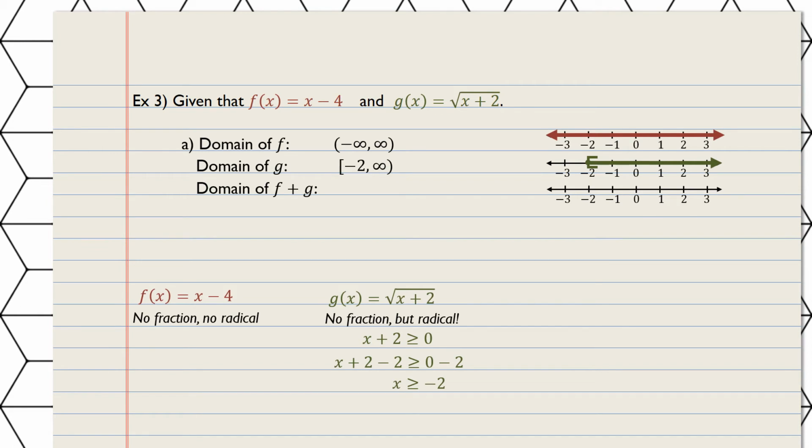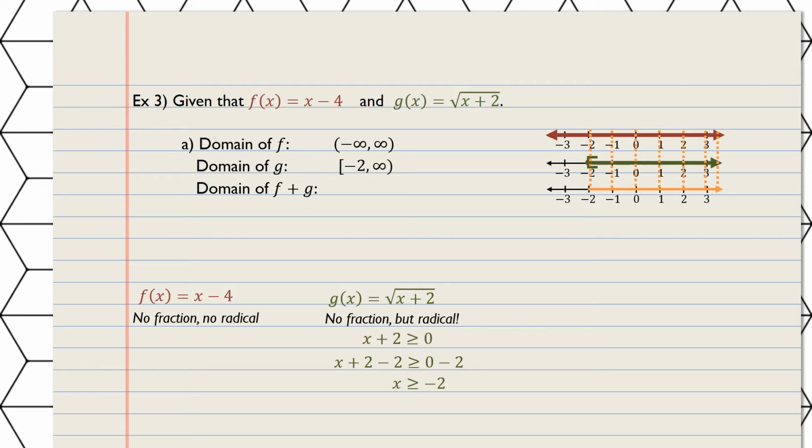On the number line, if we were to merge the two graphs and see what they have in common or where they begin to overlap, notice they begin to overlap at negative 2 and negative 1 and 0 and 1 and 2 and 3, and they both have arrows, which means they continue forever in that direction. So they begin to overlap at negative 2 and to the right.